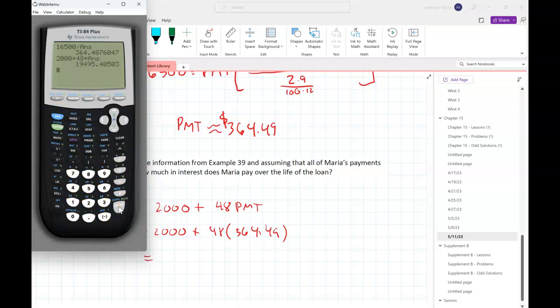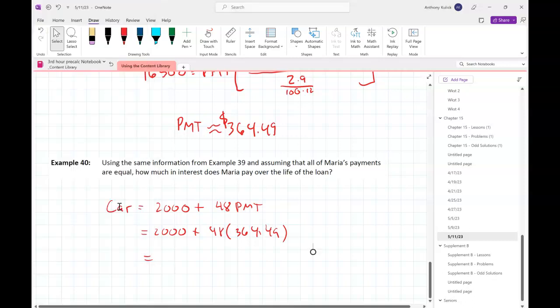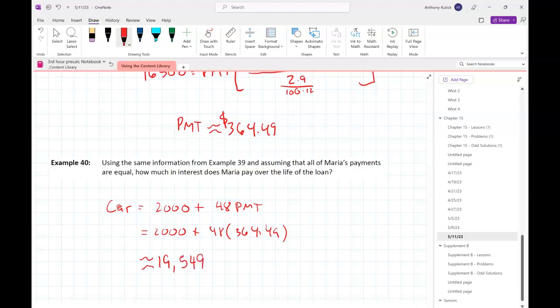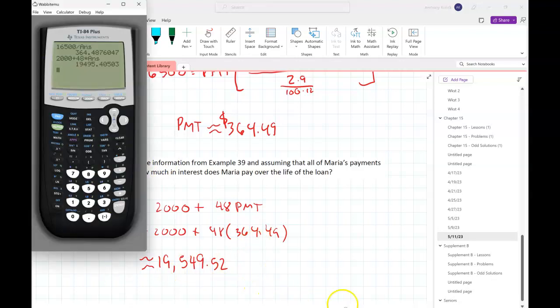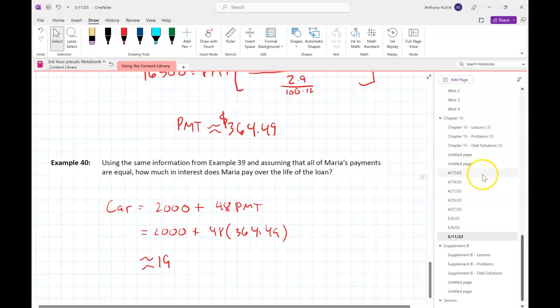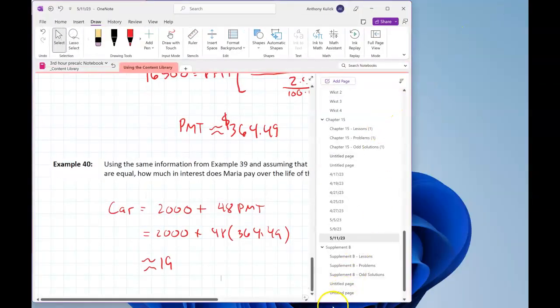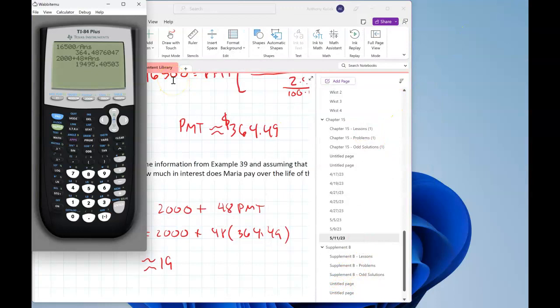So we actually ended up spending $19,495.41. Oh, sorry, I was writing the wrong number there. $19,495.41.